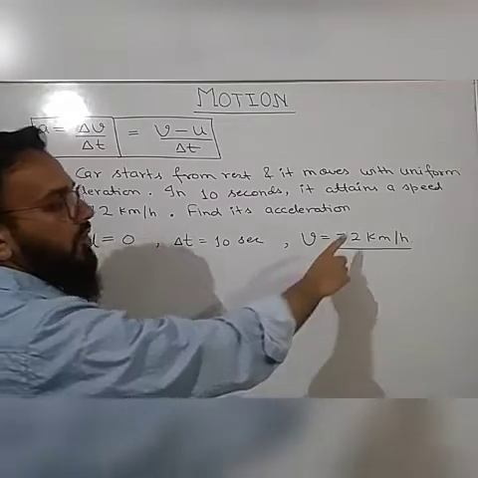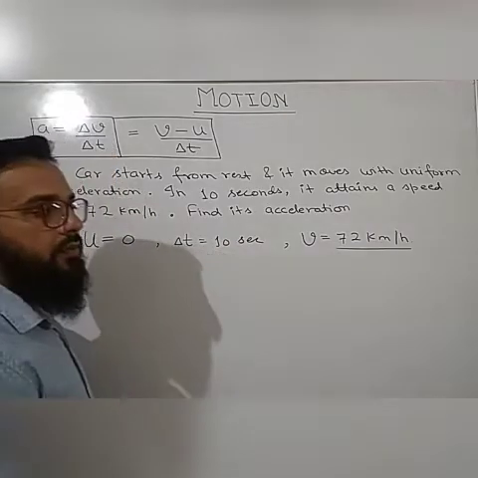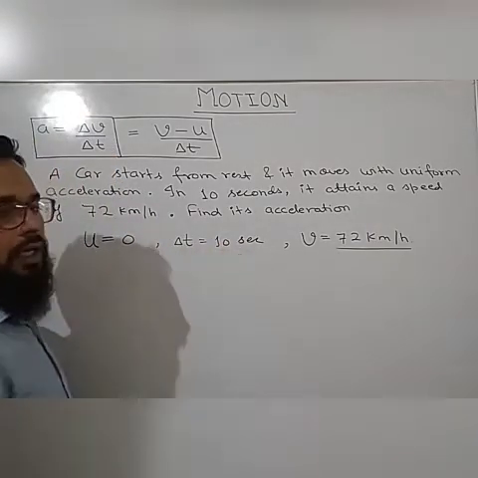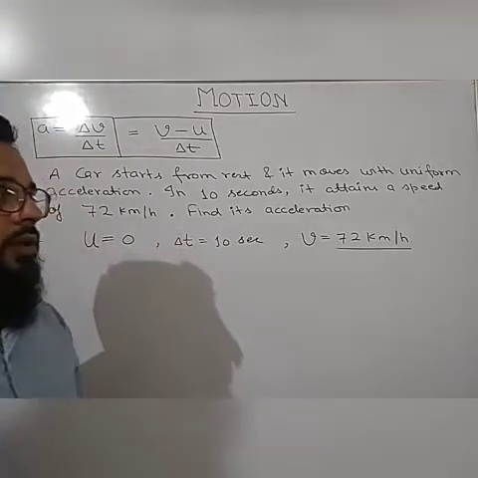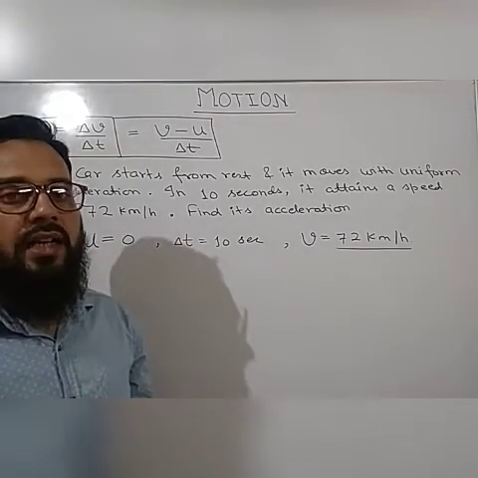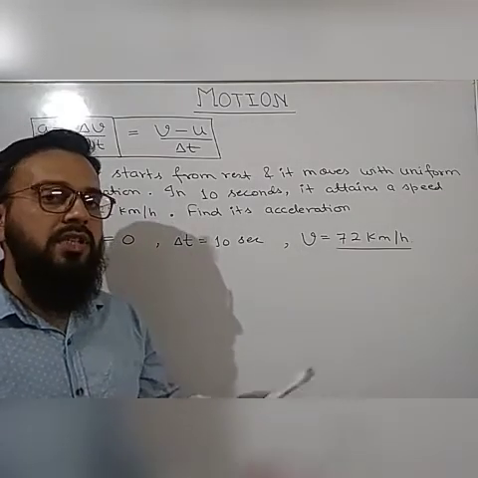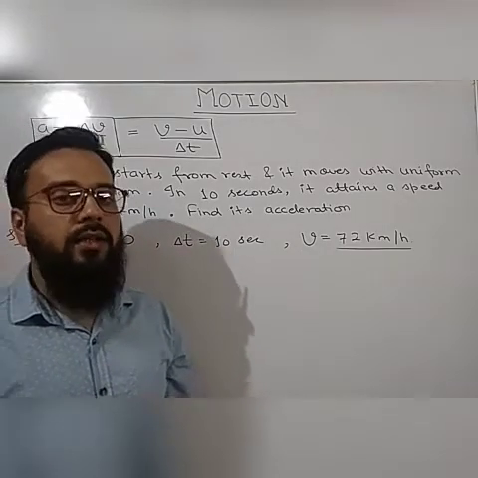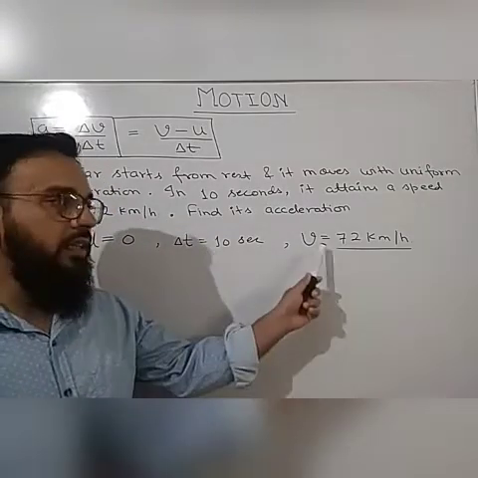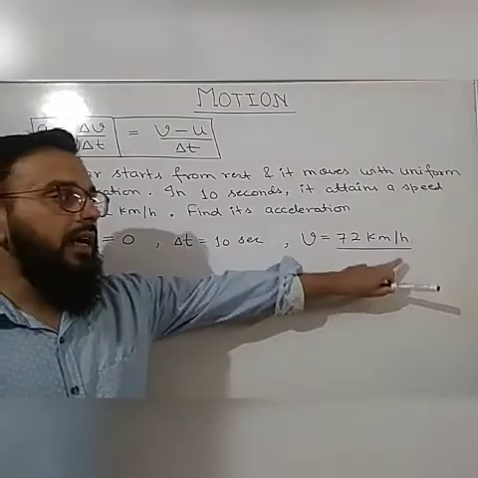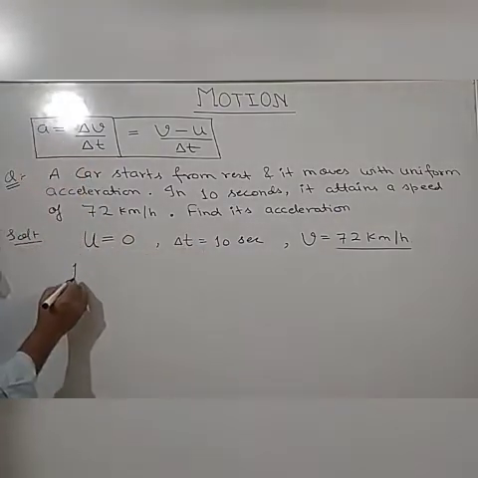So either you have to convert kilometer per hour into meter per second, or convert the time into hours. But the SI format is always meter per second. In SI units, distance is always measured in meters and time is always taken in seconds. So what is the conversion?